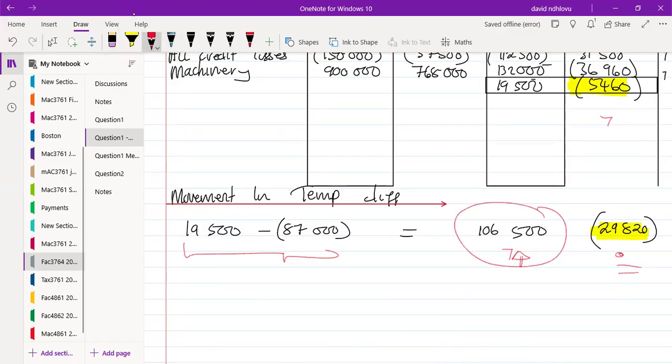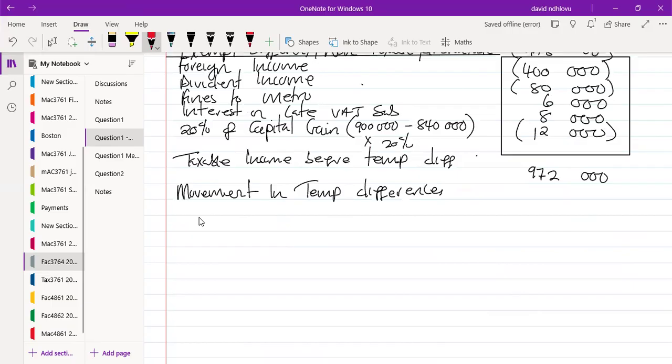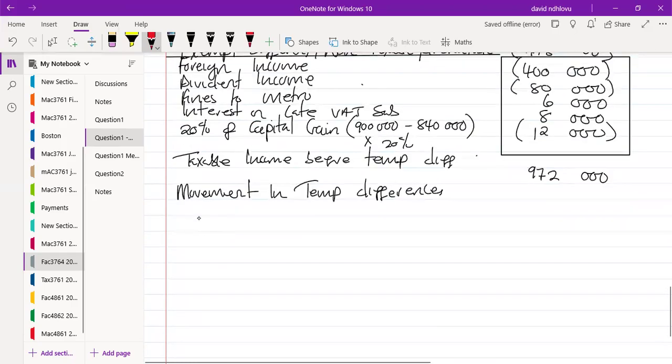If it is a positive movement, we are saying this is a taxable temporary difference. It will increase taxable income in the future, so what it means is that it will reduce taxable income in the current year. So if it's a positive, when you take it to the next side, you deduct. How much did I get today? 106,500. So it will come here as a deduction.